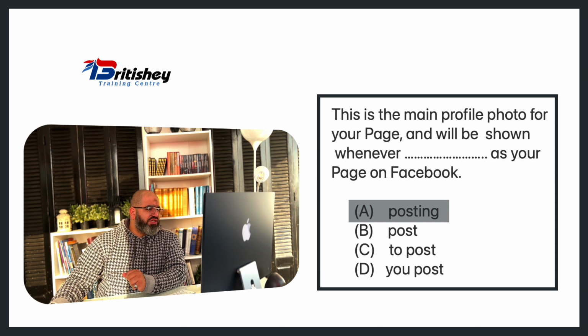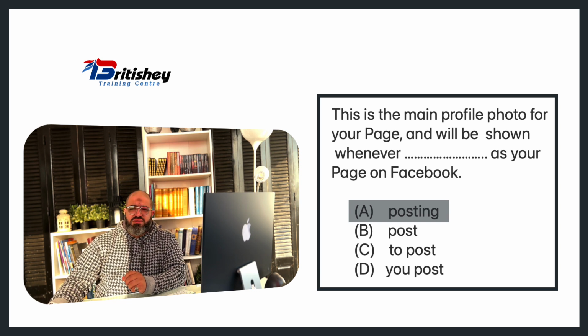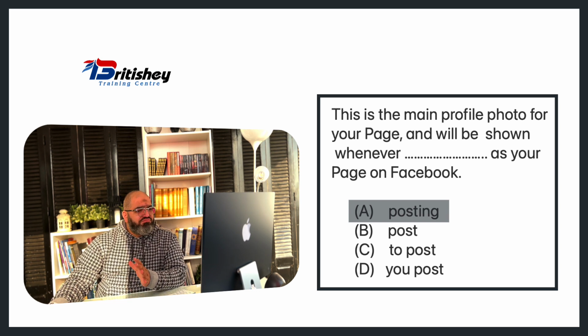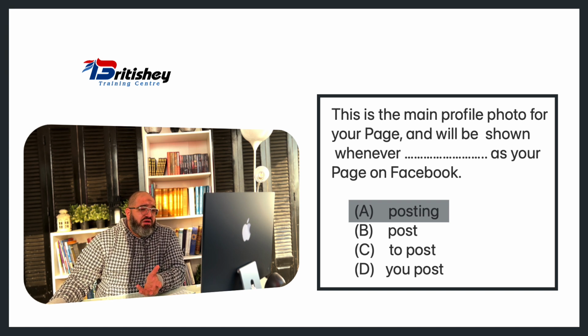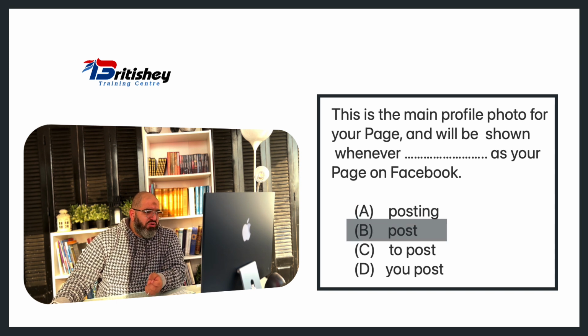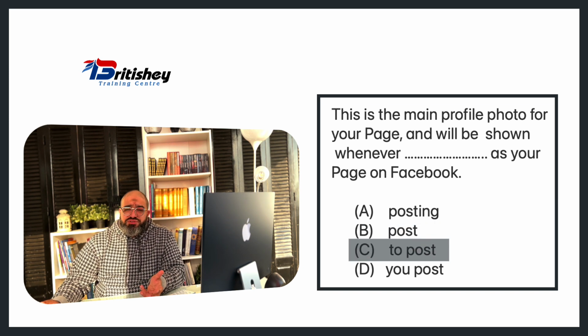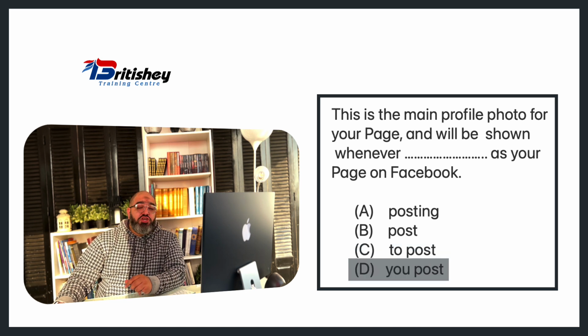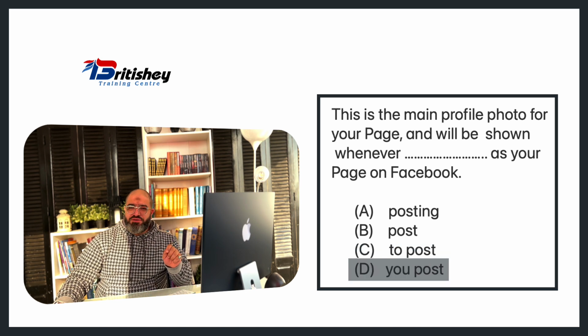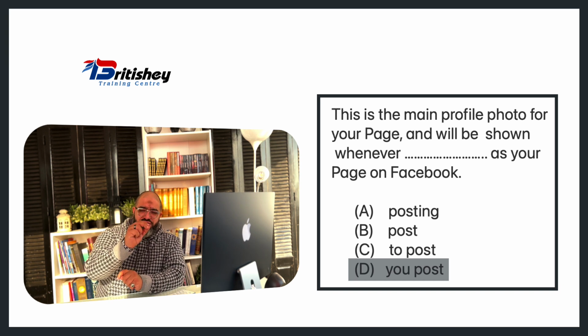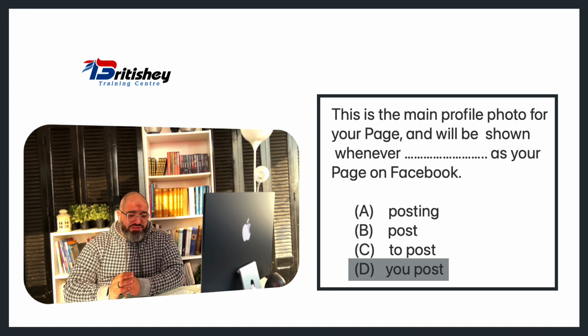So we've got posting. No subject, no verb. Posting can be used as a noun, but we don't have a verb. Post. No, that's only a verb. To post, that's to infinitive. And D, you post. Oh yes, that's it. Because we've got you, a subject, and post is a verb.